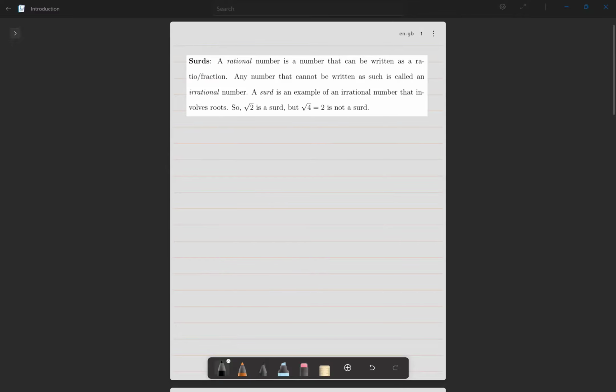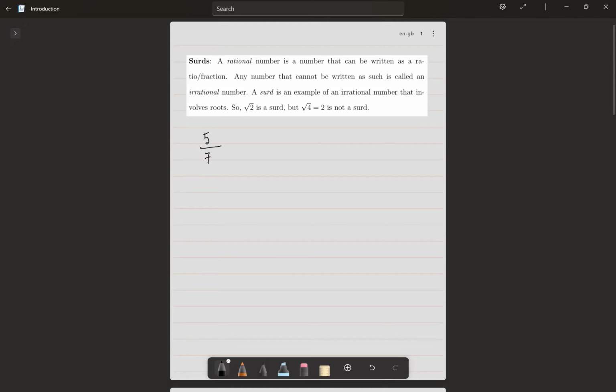So if you have any fraction, let's say a proper fraction such as 5 by 7, it is a proper fraction because the numerator is smaller than the denominator. A fraction as such is called a rational number. It's a number definitely, so it's called a rational number. It has a special name.